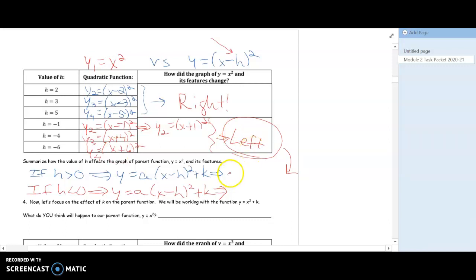So I usually call this a shift if h is positive to the right, even though it looks like subtraction inside. And I'm going to call this a shift when h is negative, but it actually looks like addition inside, to the left.